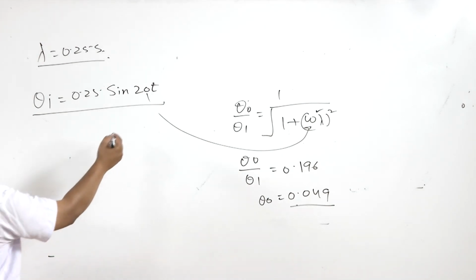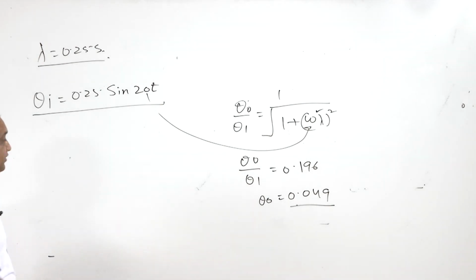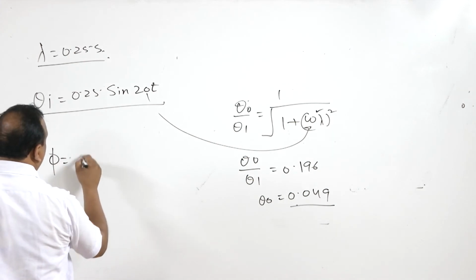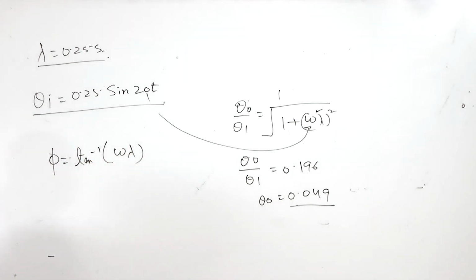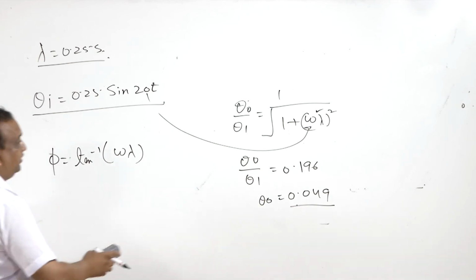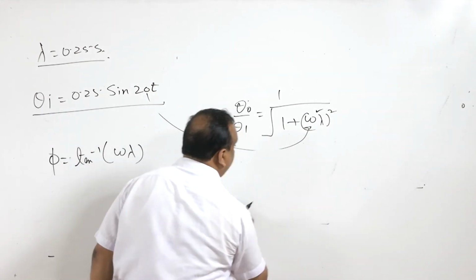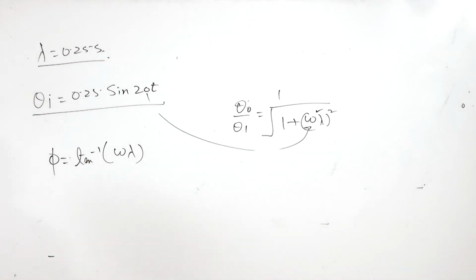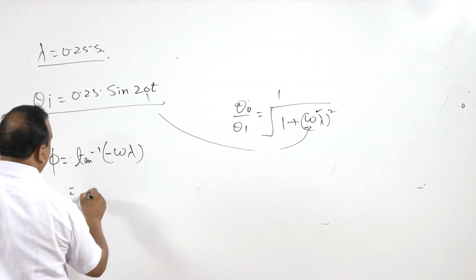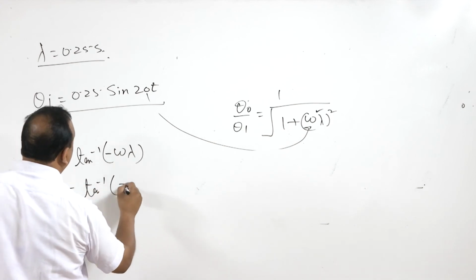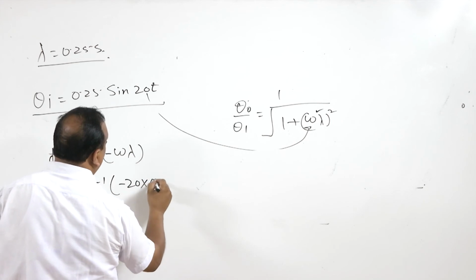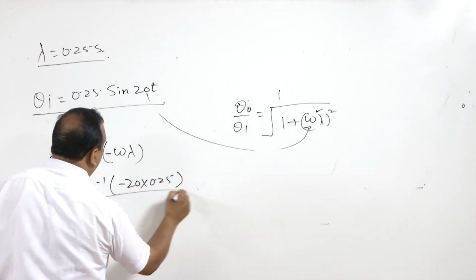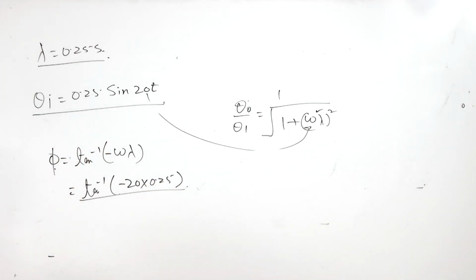Now the second thing is phi. So phi is tan inverse of minus omega lambda, right? And when we take tan inverse of minus omega lambda, it is going to be equal to tan inverse of minus omega, which is 20, times lambda, which is 0.25, and from here we will calculate the value of phi.